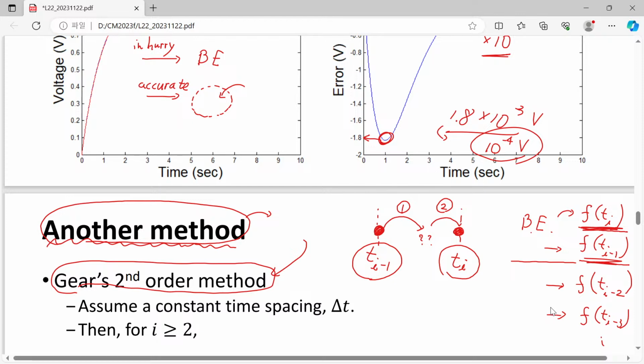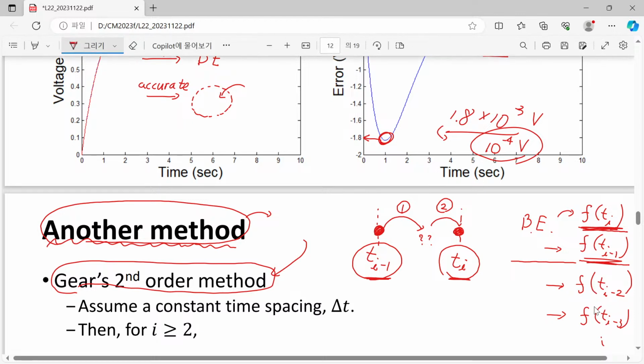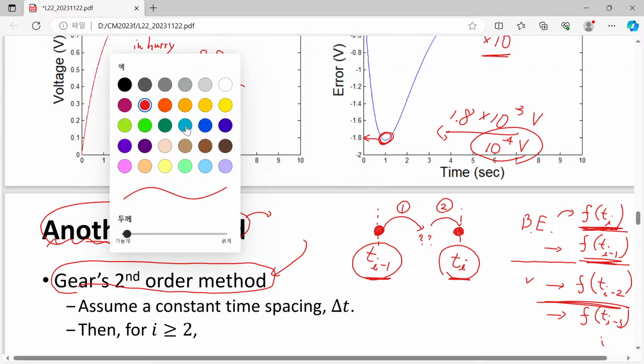So that is the scheme we have. Now think about this one. Here we have only two time instances, but we want to get, for example, three time instances. Then how can we generate one more time instance in this scheme?